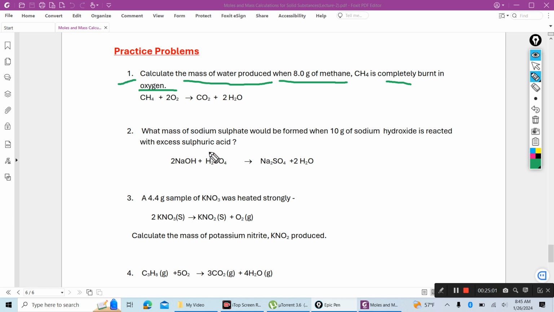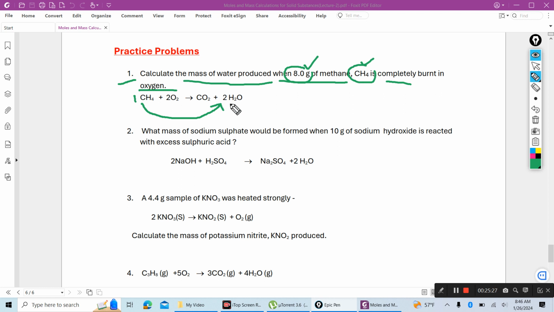So at first you find out moles of methane as methane mass is given. Moles of methane will be mass of methane divided by molecular mass of methane. After that you will calculate moles of water. 1 goes to 2.